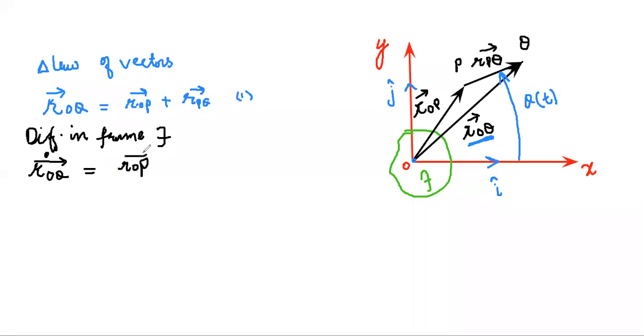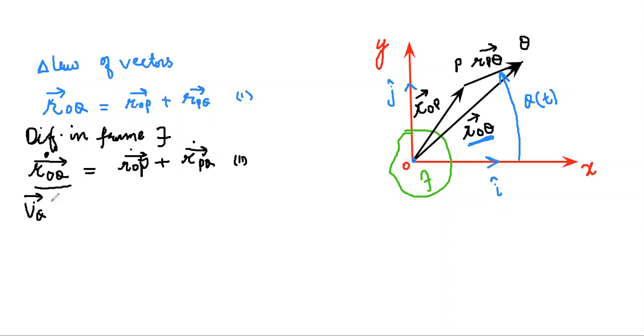will be equal to the derivative of ROP vector plus the derivative of RPQ vector. We call this equation 2. Now see, as far as the derivative of ROQ vector is concerned with respect to the ground frame of reference, it is simply the velocity of point Q as measured from the ground frame of reference.